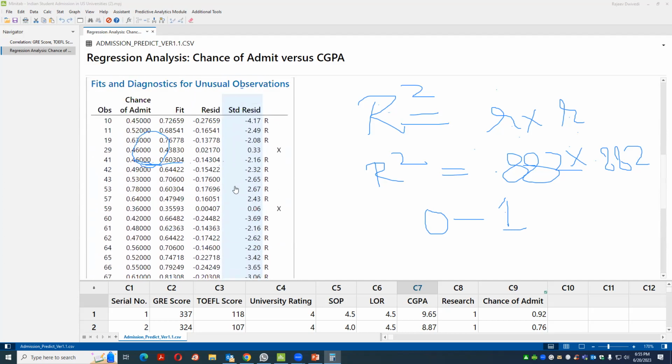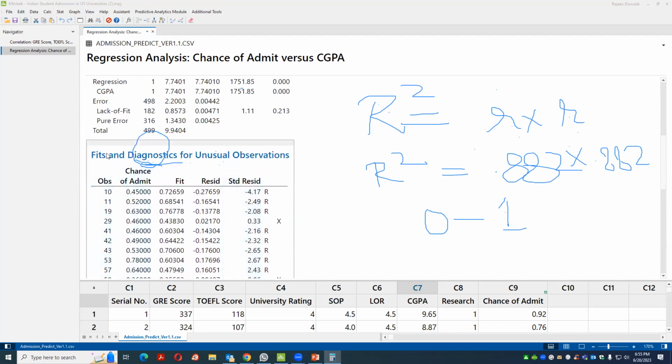If you remove these unusual observations from the data, you have to check whether there is an error in your data, or talk to the person who gave the data, because as per the model fit, these are not coming as per the model.